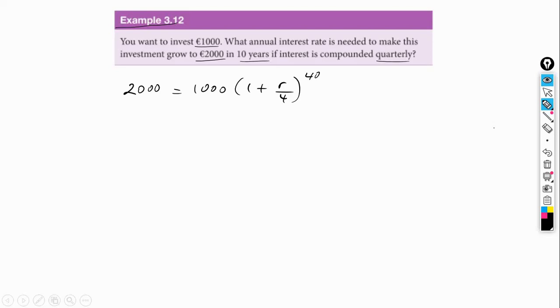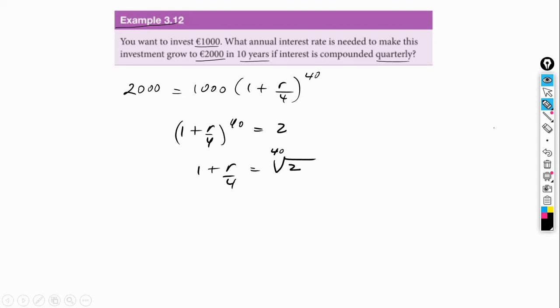So then we would get that 1 plus r over 4, and this to the power of 40 is equal to 2. So 1 plus r over 4 is equal to the 40th root of 2.